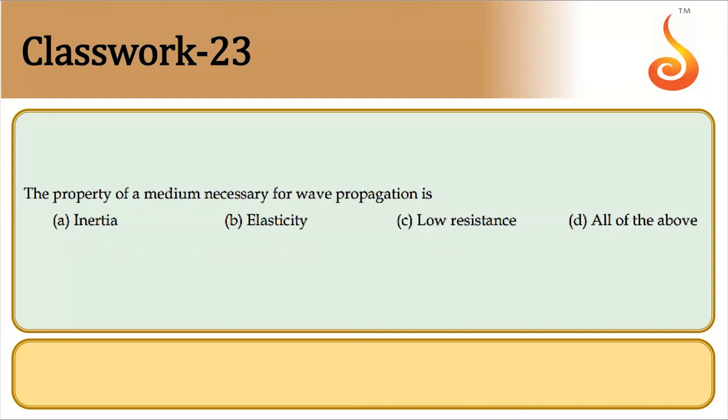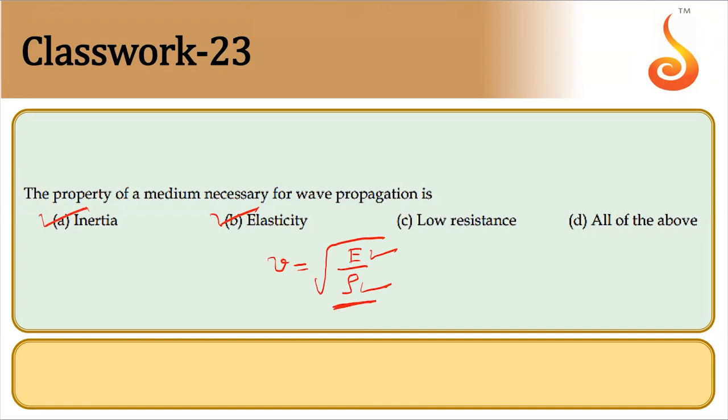The property of a medium necessary for wave propagation is: inertia, elasticity, low resistance, or all of the above. See, the velocity of sound in a medium is given by root of E by rho. E is elasticity, rho is density. So it depends on elasticity, and it depends on inertia.